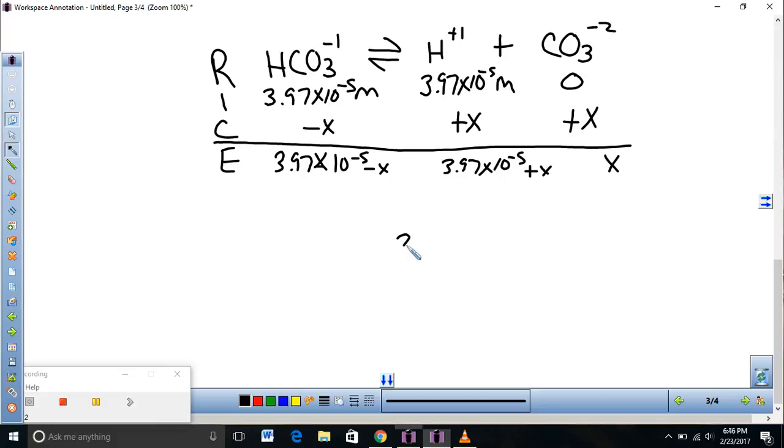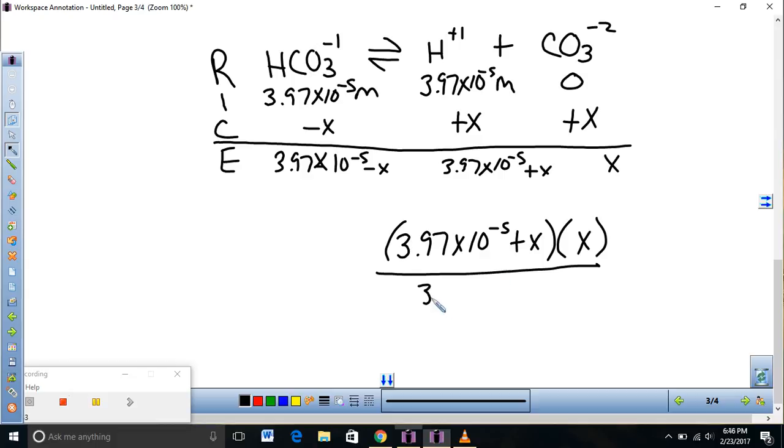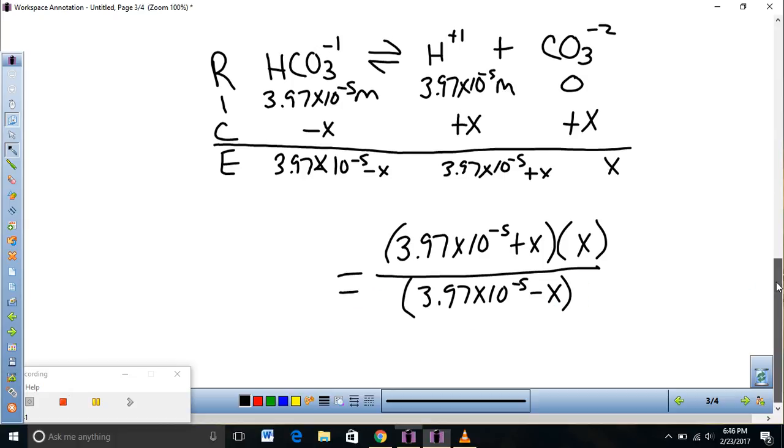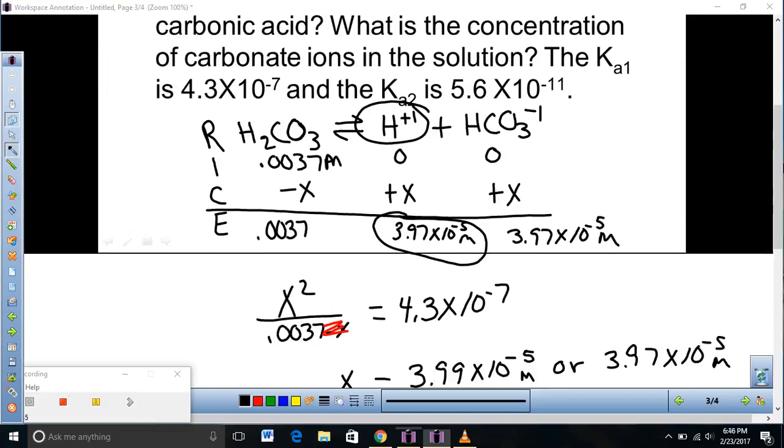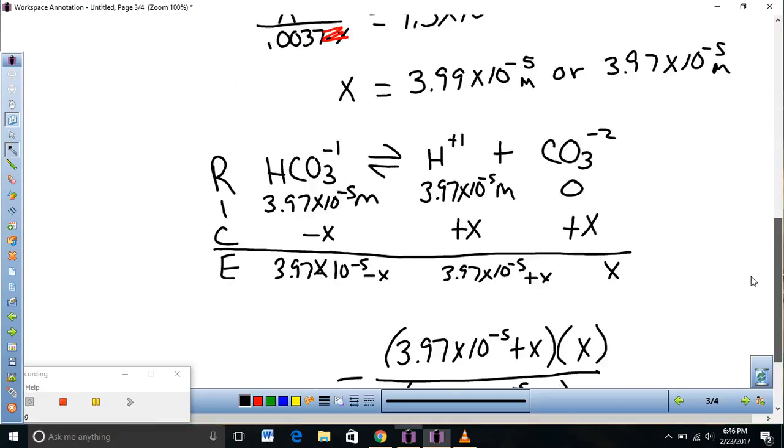So now on the top we get 3.97 times 10 to the negative fifth plus x times x divided by 3.97 times 10 to the negative fifth minus x. And we're going to set this now equal to our Ka2, 5.6 times 10 to the negative 11th power.